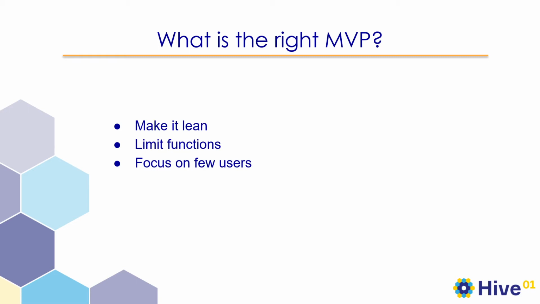Now the next part, the focus on few users, is a bit contradictory to what I just said in the earlier slides, but what I mean with the focus on few users is that not everybody fully gets your idea. There will be quite a few people who genuinely don't get what kind of problem you want to solve, who may not even have that problem.